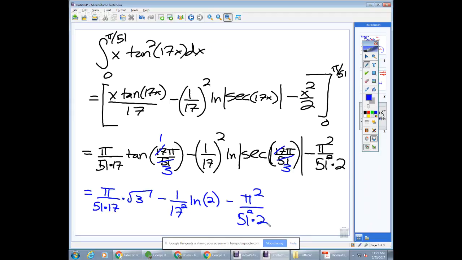Can't pull out a 17, can't pull out a 51, can't pull out a pi, can't pull out a square root of 3. Oh gosh, I keep forgetting 17 is a third of 51. Okay, so we can pull out, everything's got a 17 squared in it, right? Does the online homework really want us to do that?